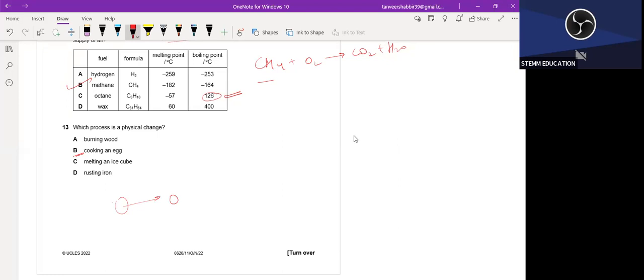Why? Once we burn wood, it cannot be regained into its original shape and original properties. Suppose I have a piece of wood, and if it burns, it will convert into ashes, and ashes are lighter in weight than wood.